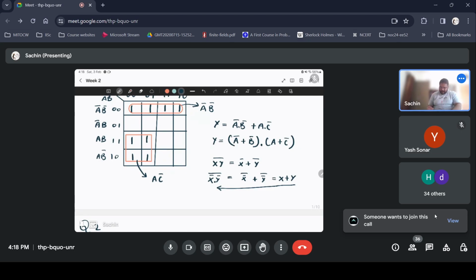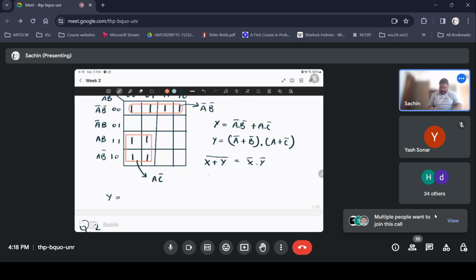So if we do that with our given expression, Y will be equal to, wait, X plus Y complement is X complement and Y complement.